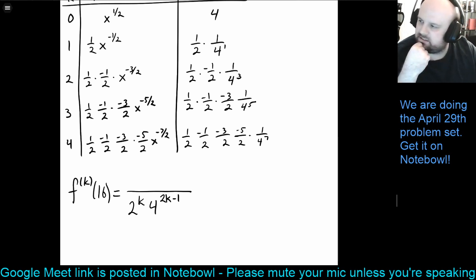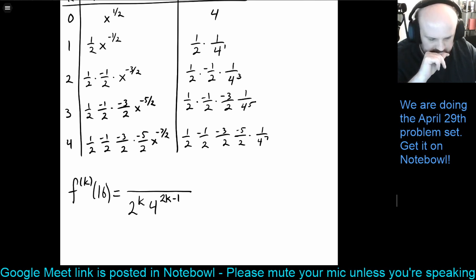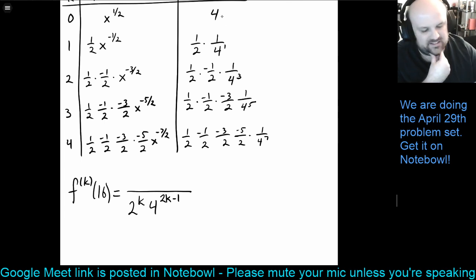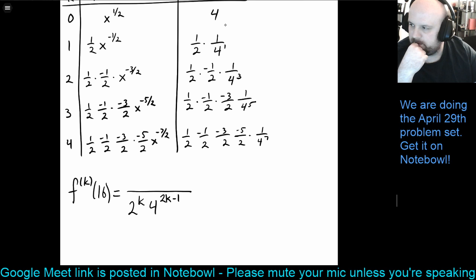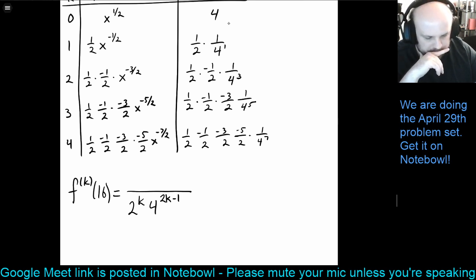Now's where it gets a little more interesting, because this starts out positive, positive, and then negative, positive, negative. So this first term's kind of an odd one out here, though there may be a way to fix this, to embed that in the pattern.